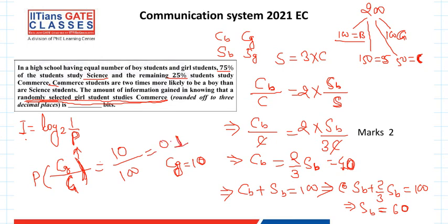So the probability that a randomly selected girl student is studying commerce is 0.1. Now let's put 0.1 here, so it will be log 2 of 10. If you solve this you will get 3.323. Okay, so that will be the answer here.